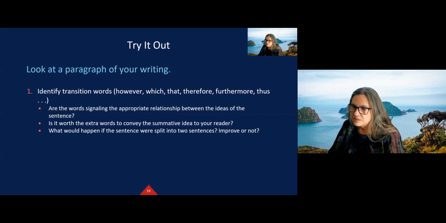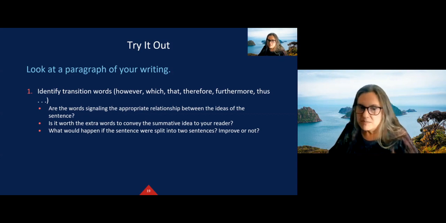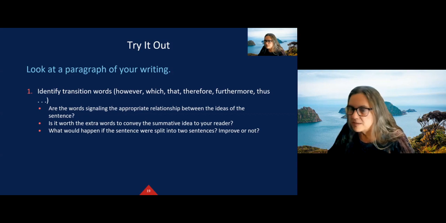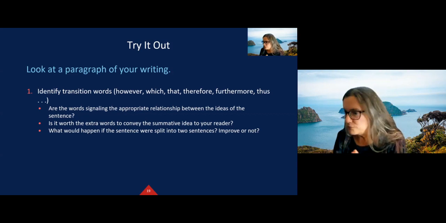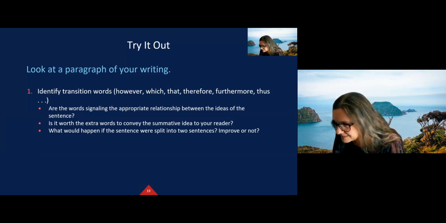Okay, so let's take this one point at a time. First of all, and you can do a thumbs up if your camera's off, or just turn your camera back on and nod. Did you find at least one transition word in your paragraph? Okay, so we got two nods and a thumbs up. And then Sherry and Kamale?